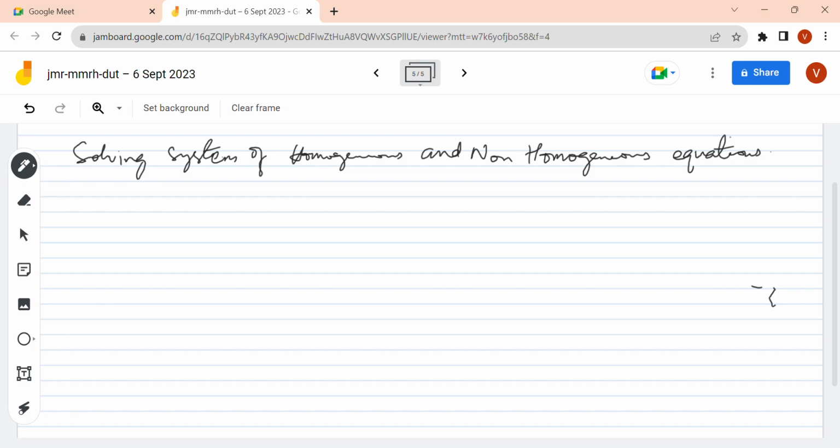And Gauss elimination method, Gauss-Seidel method. Gauss elimination method and Gauss-Seidel.